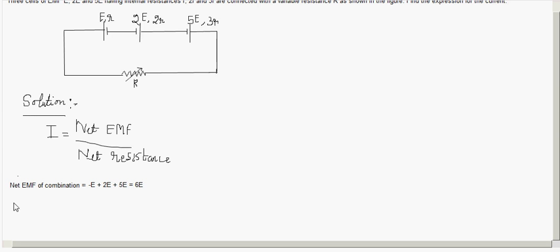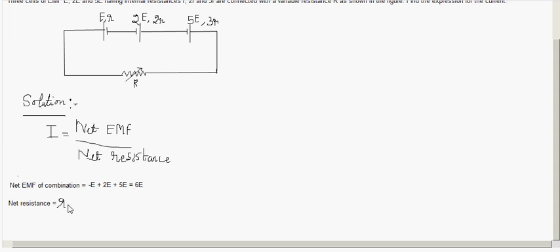Now we need to find out the net resistance of the combination. Net resistance is equal to, we need to take all the internal resistances and also the external resistance.